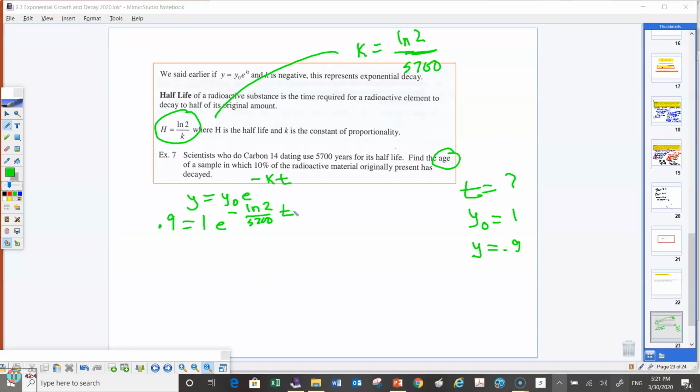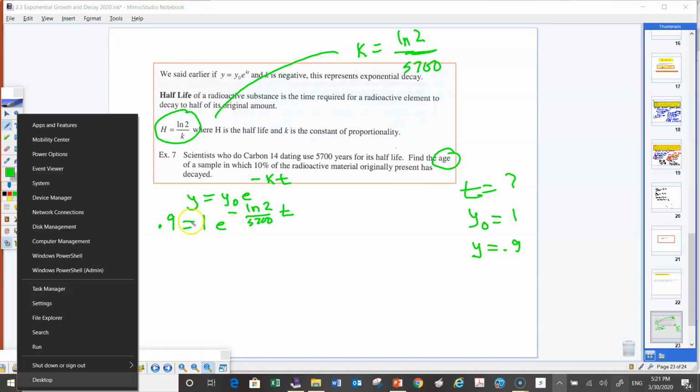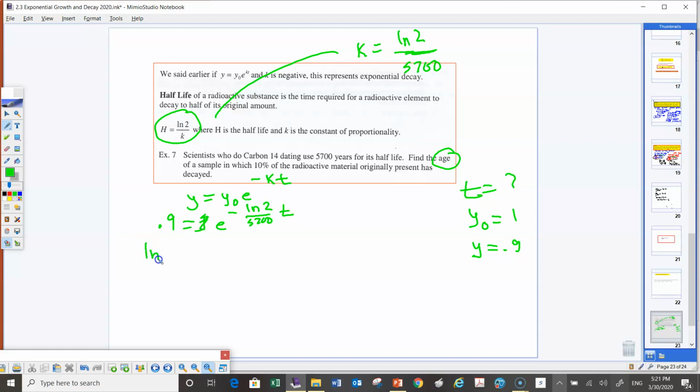And now I take the logarithm of both sides because dividing by the 1 here is irrelevant, so the 1 cancels out. So ln of 0.9 is going to equal ln of the right, this negative ln 2 over 5,700 t. And now all I'm going to do is divide negative ln 2 divided by 5,700 to the other side. And this should give you the approximate age of the carbon-14.